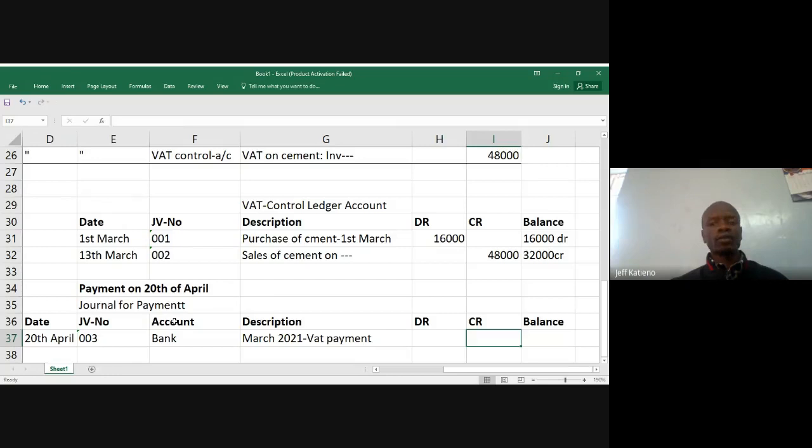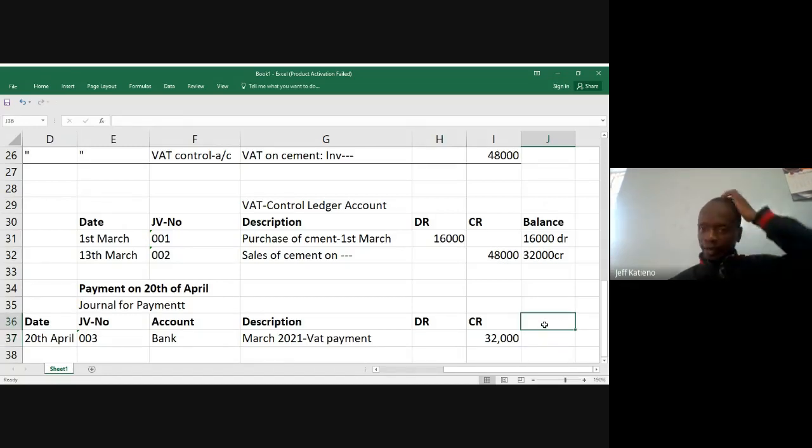You'll have to credit your bank account because money has left your bank account. It is an asset, and when an asset goes down, you credit. So this one will be 32,000. These are journals, so at journal you don't have balances.